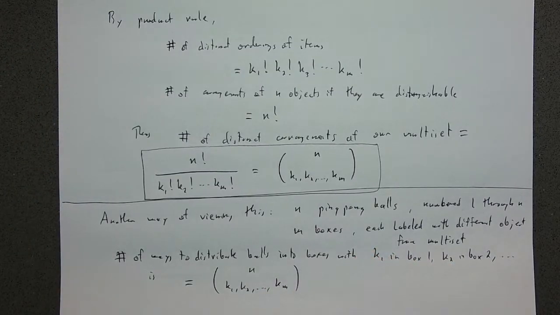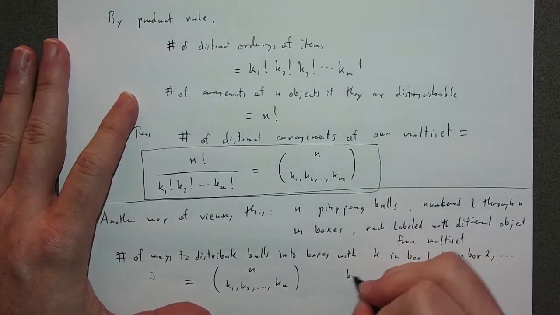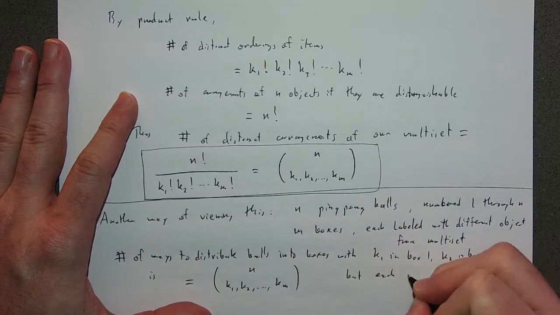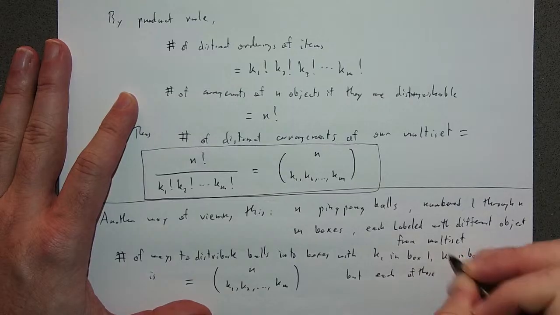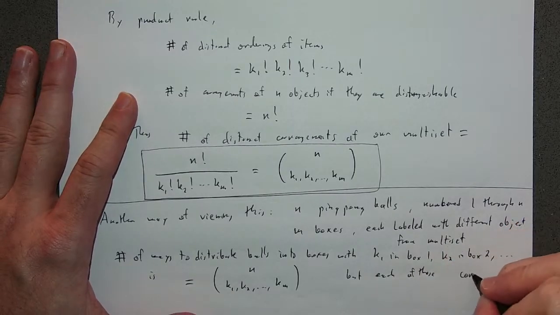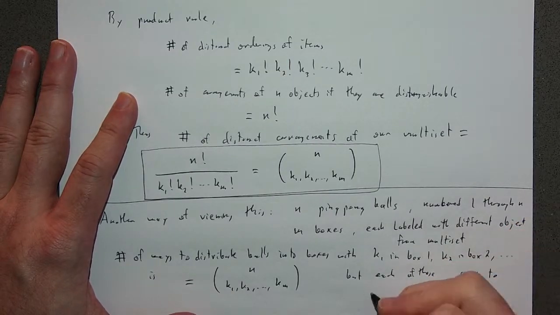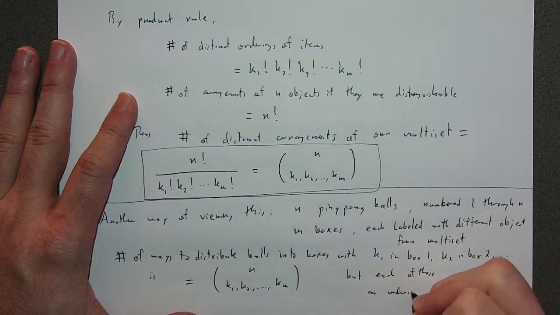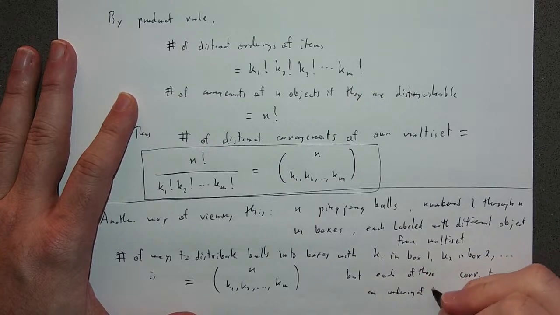But of course, each arrangement corresponds to an ordering of the elements of the multiset. So the numbers in box i indicate the positions of object i in the listing, right?